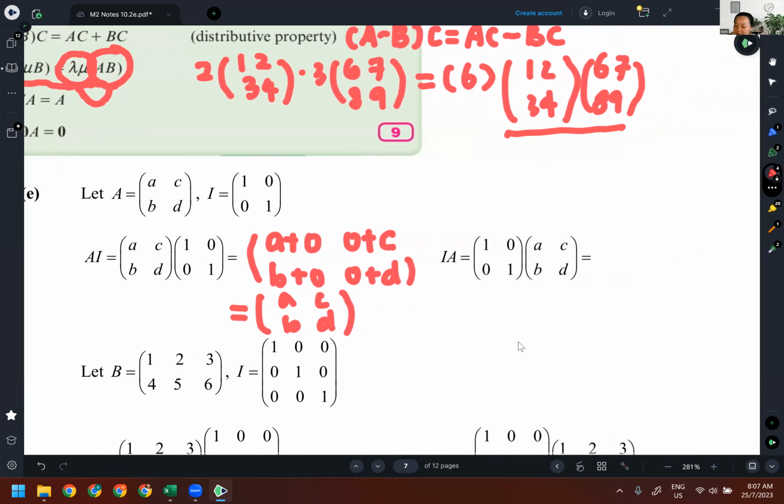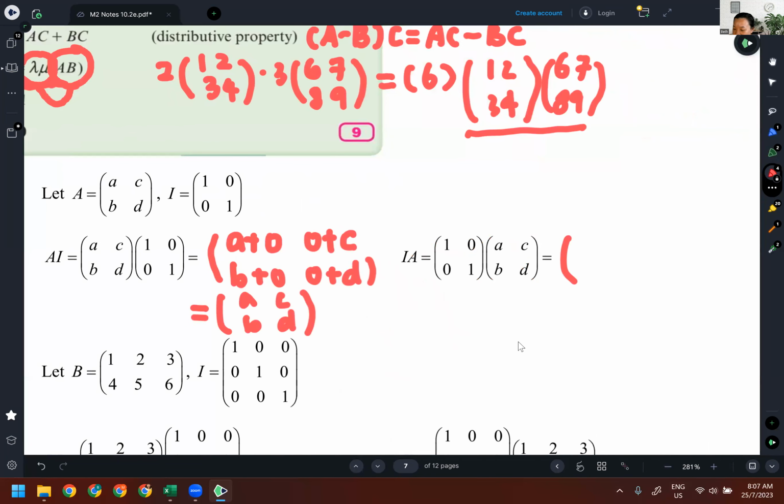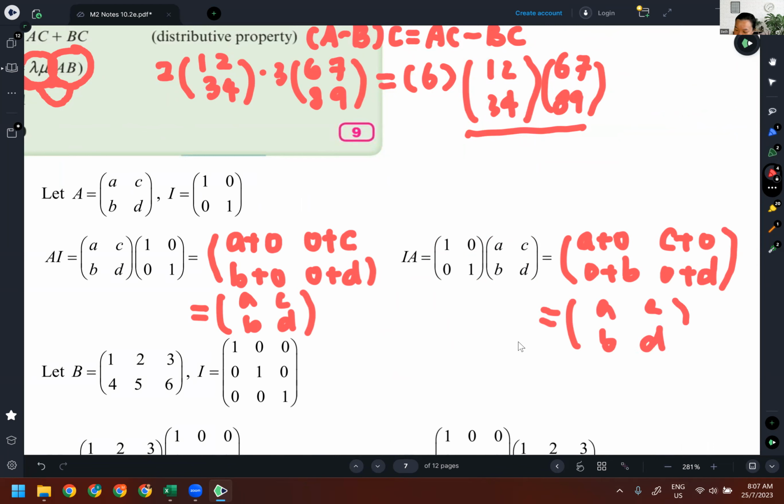Now, how about I times A? I times A is a plus 0, 0 plus b, c plus 0, 0 plus d. That's a, b, c, d. Evidence. Now you can say it's a proof because a, b, c, d can be different, right? But it is only evidence because this is only the 2 by 2 case.